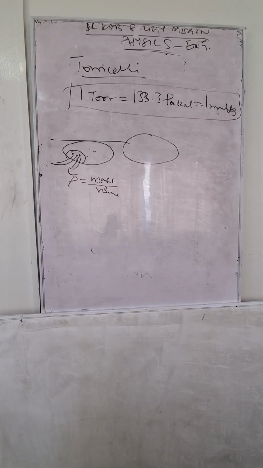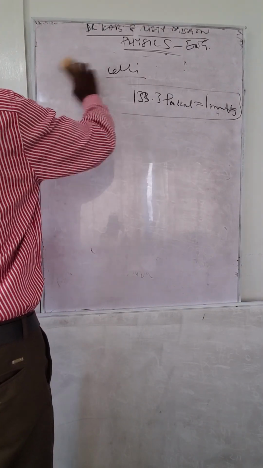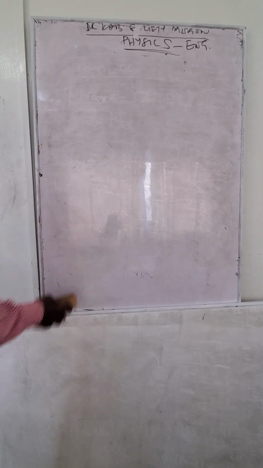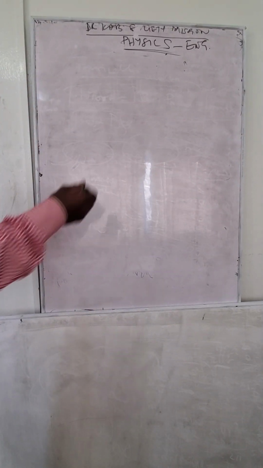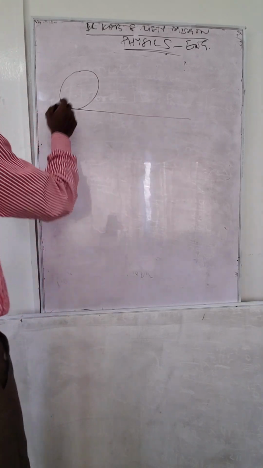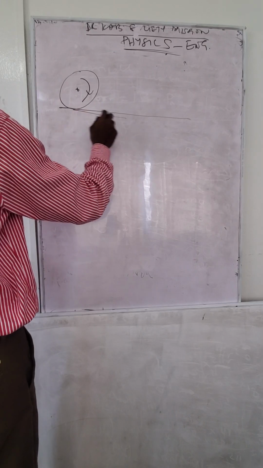Let's look at this kind of motion, which we didn't talk about when we were talking about motion. If we have a body like that, and it is rotating, as it is rotating, it is also moving.